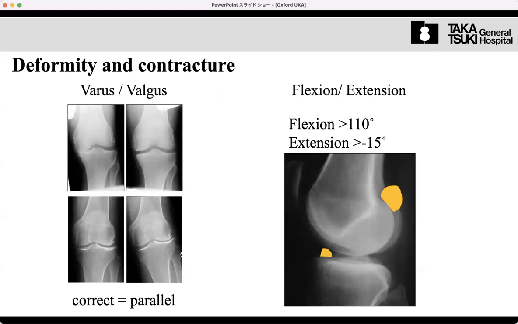In most papers, especially in the fixed bearing field, more than 15 degrees of extension loss is a contraindication. Of course, such a patient group includes more severe osteoarthritis, no ACL, lateral side damage, severe bone loss on the medial side, and that also causes flexion and extension limitation.